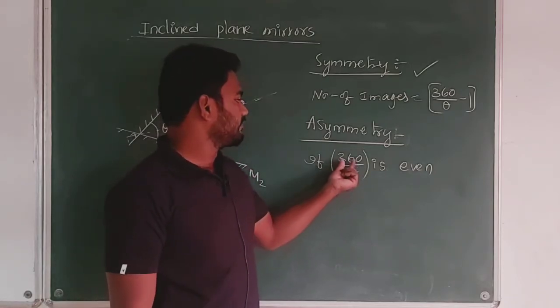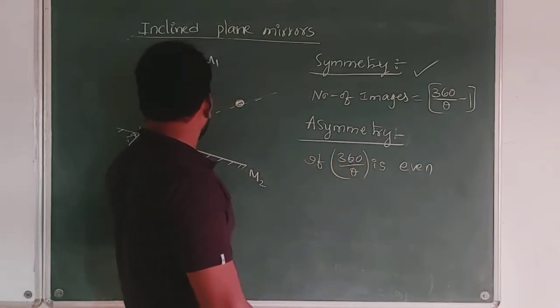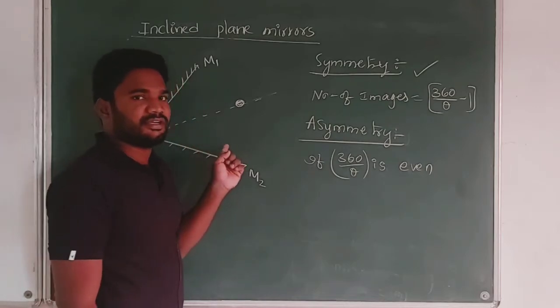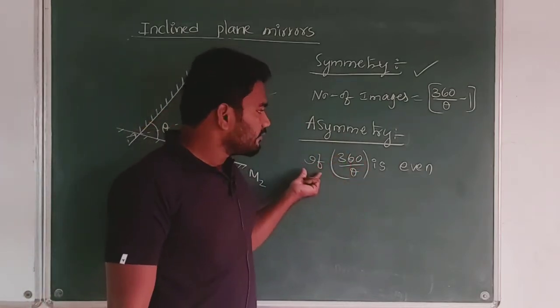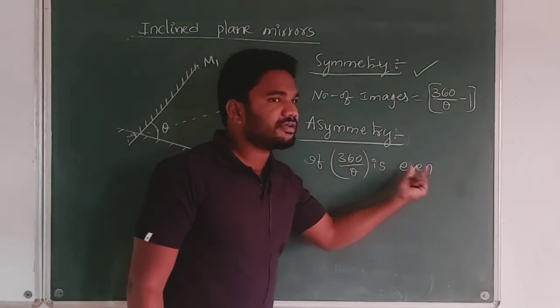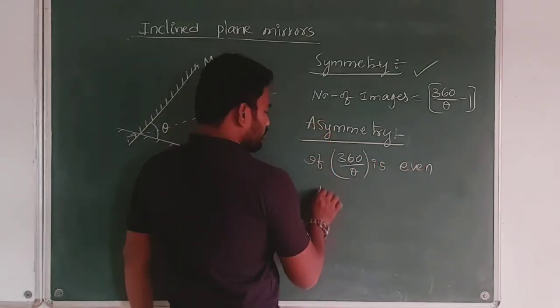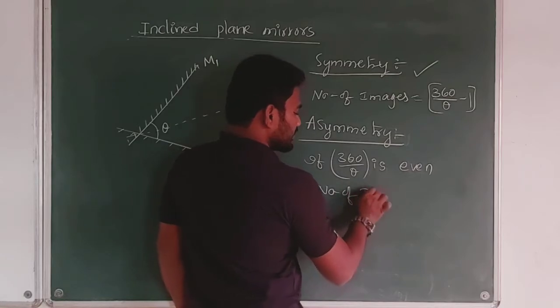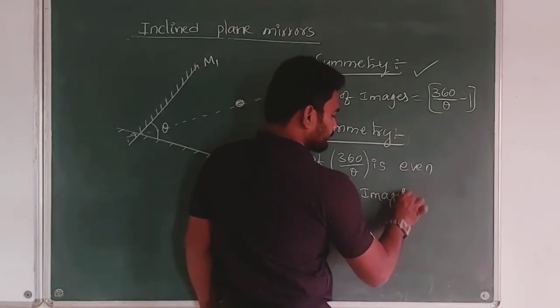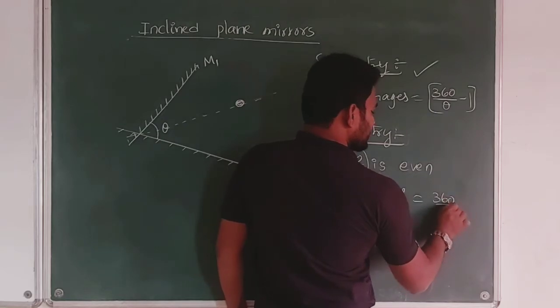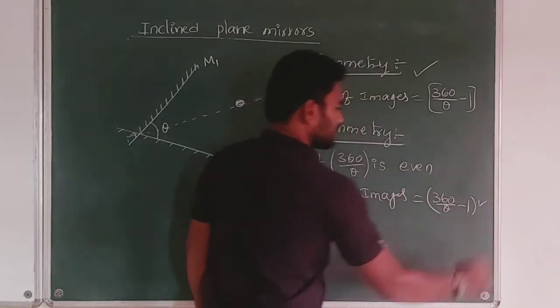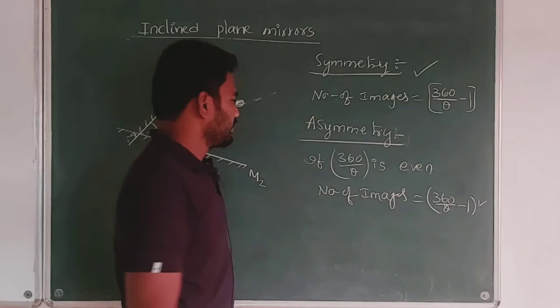Suppose, for example, the angle of inclination between them is 75 degrees. So we have to find 360 by 75 like that. If 360 by theta is an even number, then the number of images is equal to 360 by theta minus 1. That's all. Same as before.